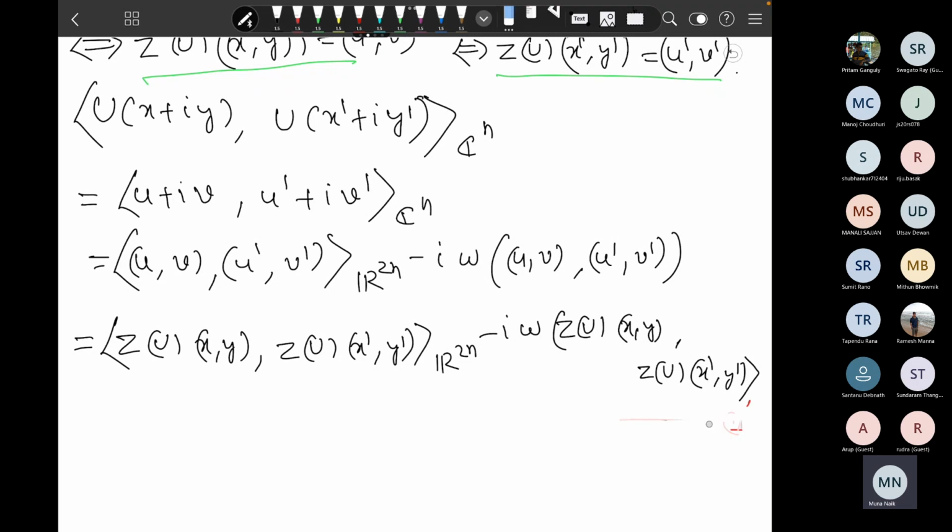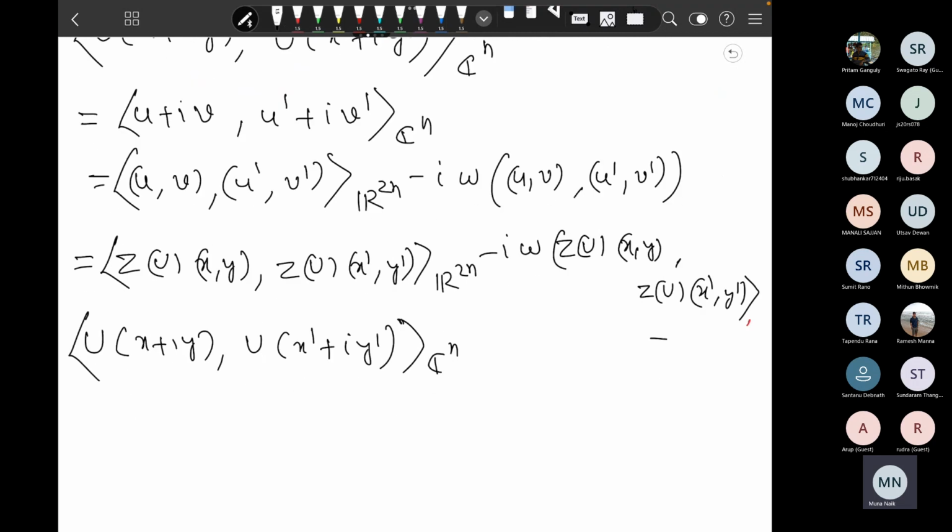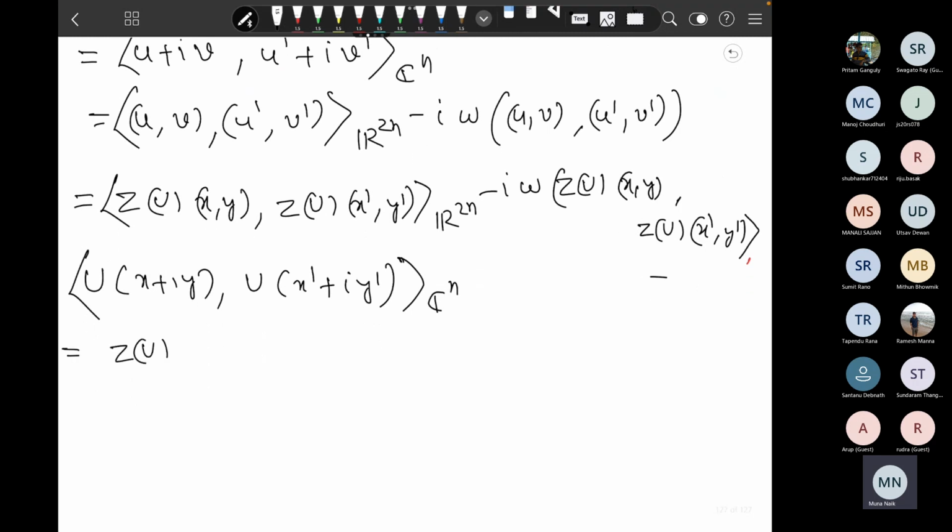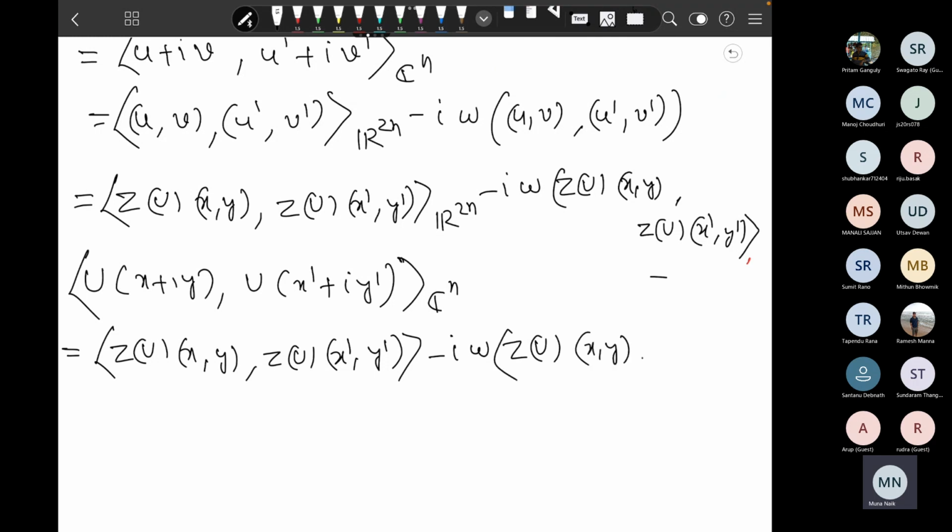Let us write this in a different way. U of x plus iy and U of x prime plus iy prime on Cn will be the inner product of ZU of xy and ZU of x prime y prime minus i w of them.